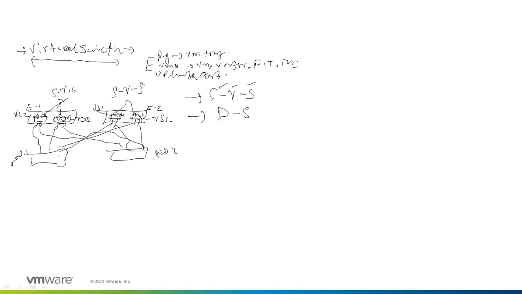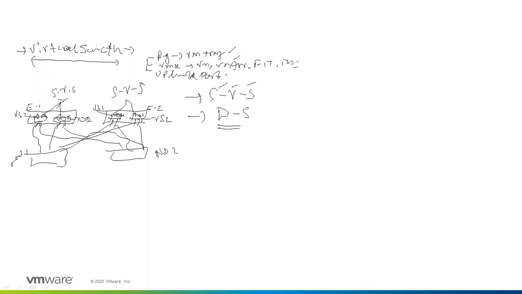So it will increase the administrator's effort while we are creating the port groups or VM kernel ports individually on each and every host. So the distributed switch makes life easier for the VMware administrator.